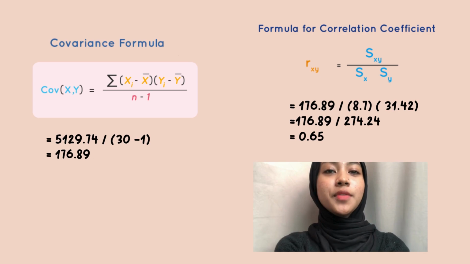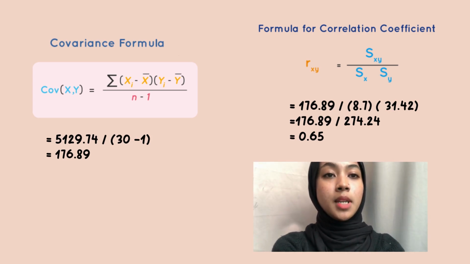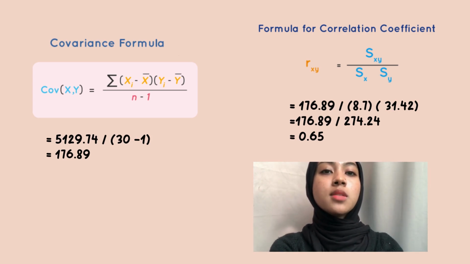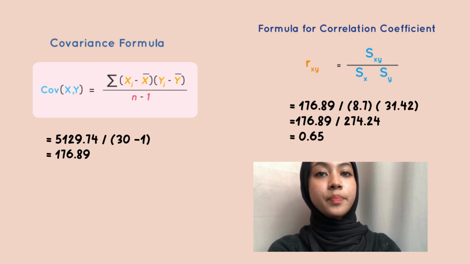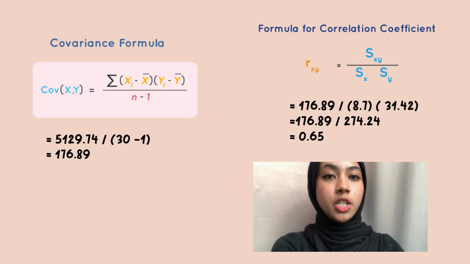The data given for Sxy equals 5129.74 divided by 30 minus 1, the answer will be 176.89.